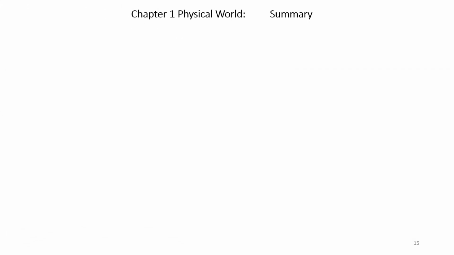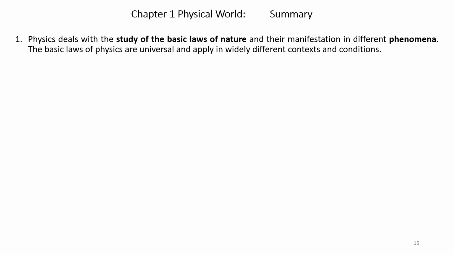With this, we complete our discussions on chapter number 1, that is, the physical world. Let us conclude by summarizing what we have learned in this chapter. Point number 1. Physics deals with the study of basic laws of nature and their manifestation in different phenomena.